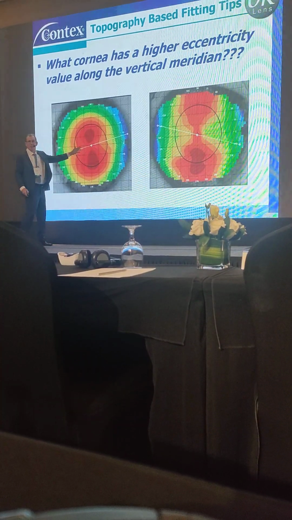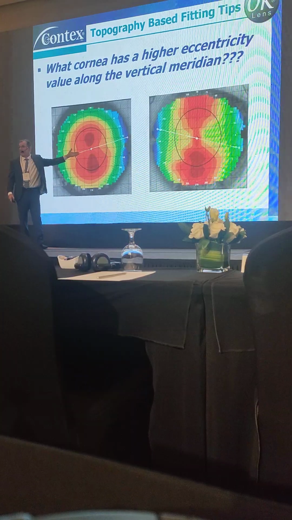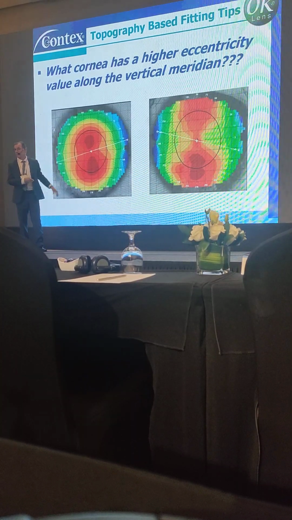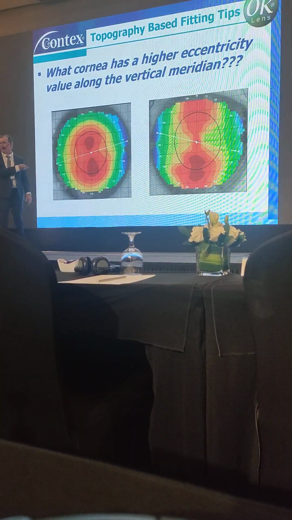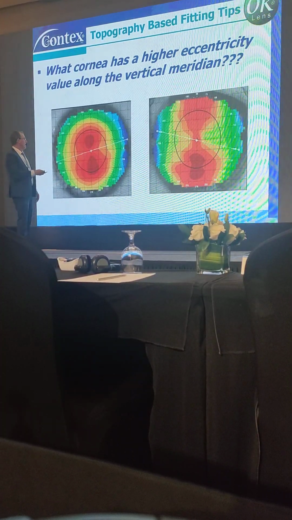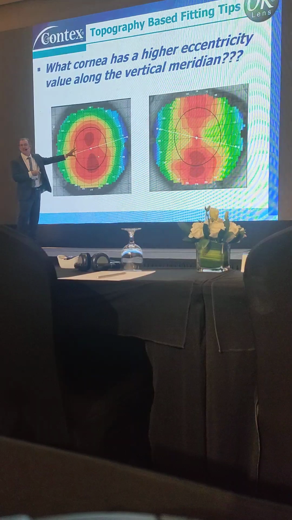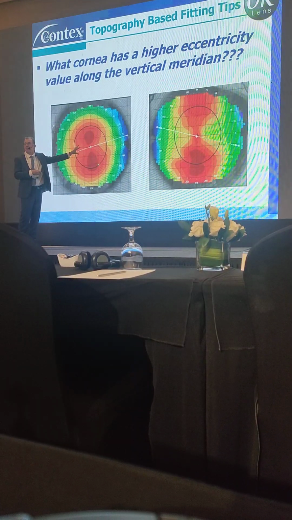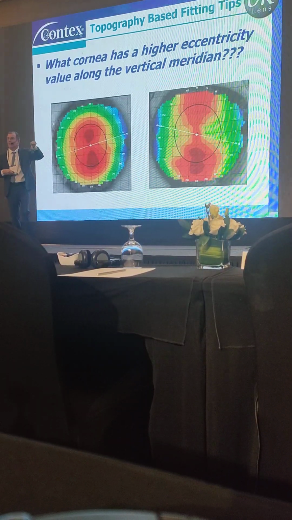This cornea, we can fit a lot of the time with a spherical design. We don't need a toric design for that cornea, but this one, we need a toric design. Sometimes with a cornea like this, we might put only toric reverse curves.